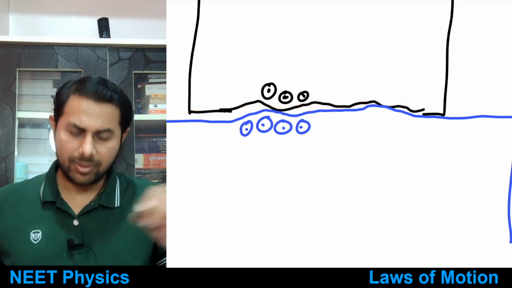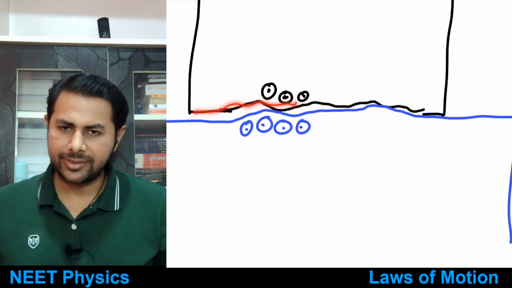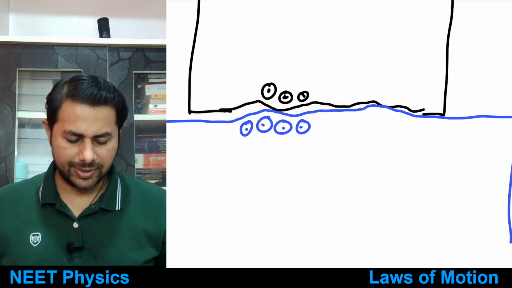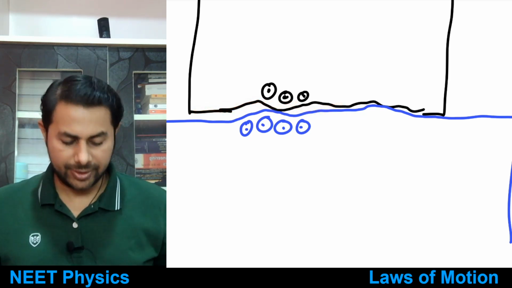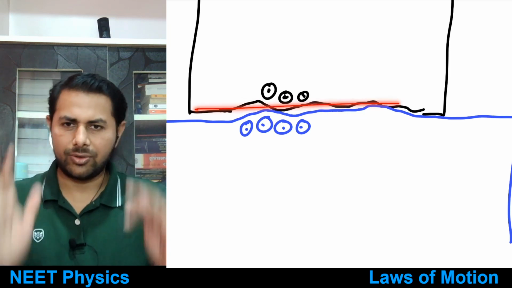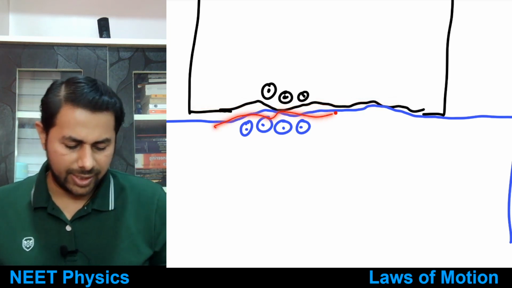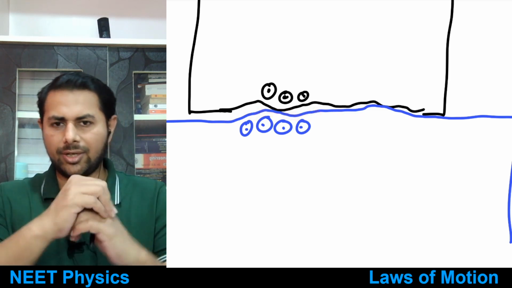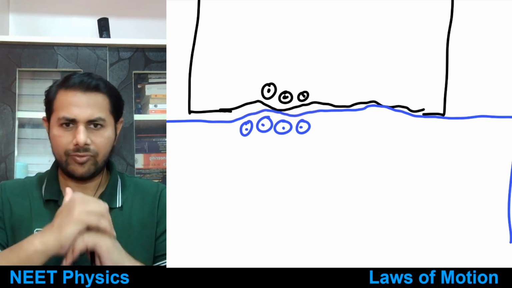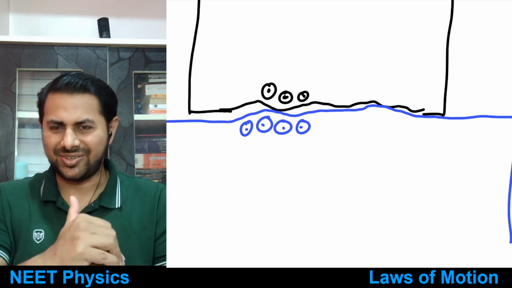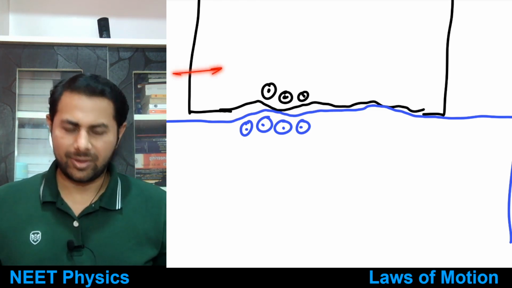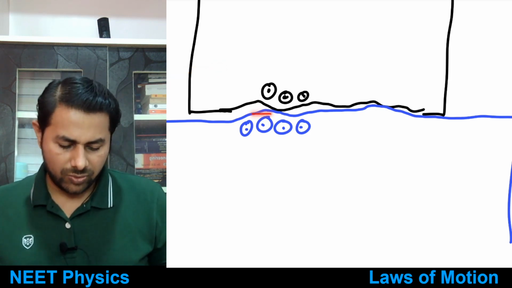There will be minute hills and dales, minute irregularities in all surfaces. So now when you keep one body over the other body, these hills and dales or irregularities of the two bodies interlock. They get interlocked with each other. And when you want to move this body over the other body, now what do you need to do?